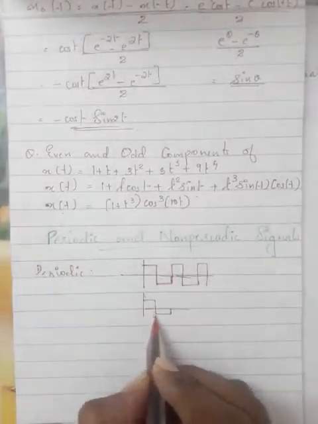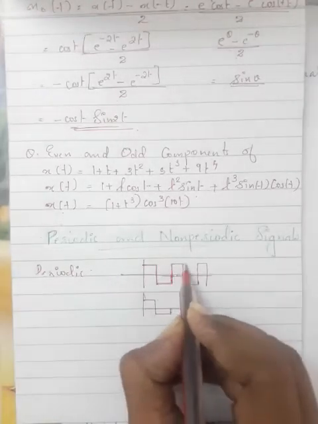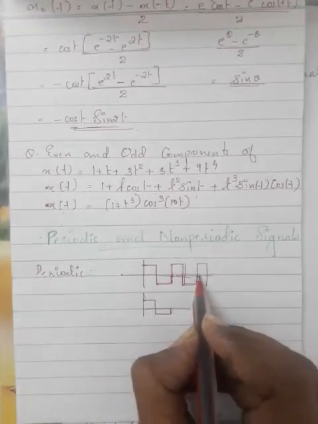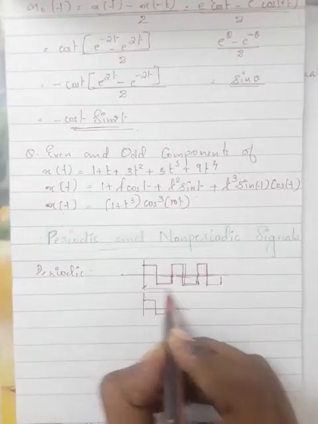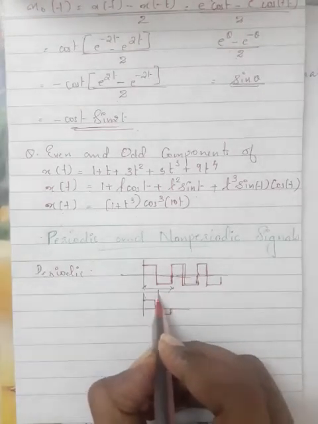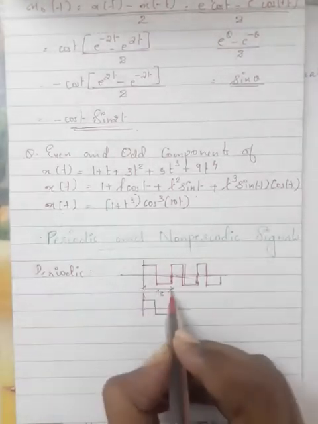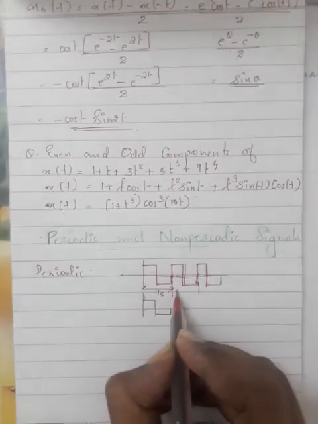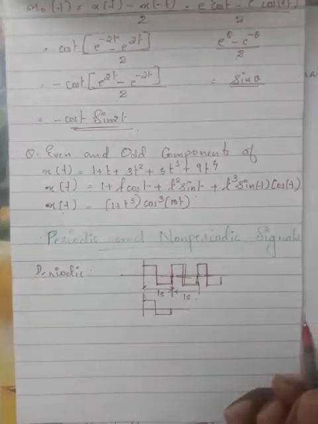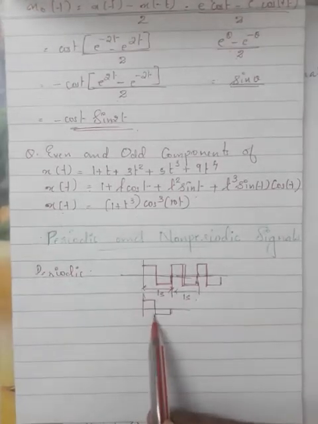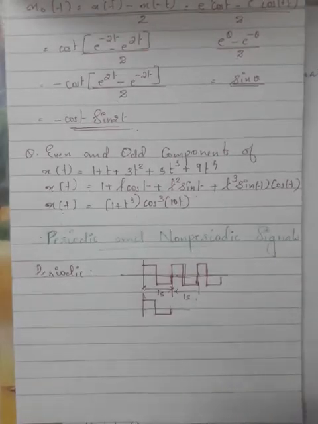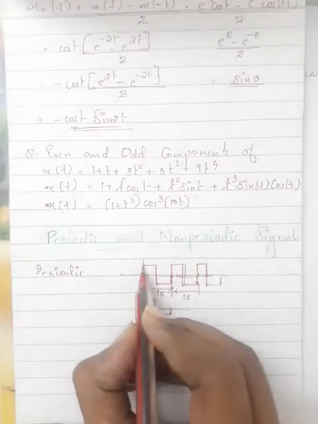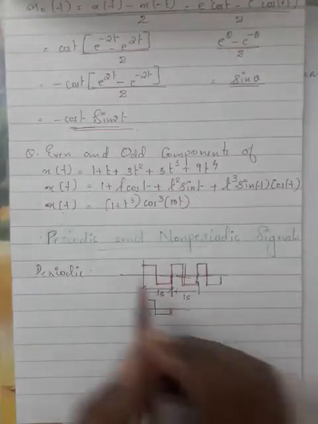Here this signal is repeating every time. After each cycle the same signal is repeating, that is, if this is the duration of 1 second, after every 1 second the same signal is repeating. So you can see this signal is repeating after every 1 second. Then such a signal is known as a periodic signal.